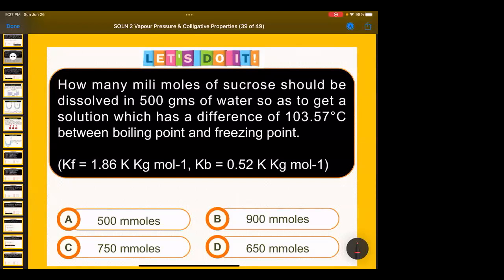Yeah, how much? Yeah, sir, Miraj: 750 millimoles. C, third option. 750 millimoles. Okay. And Hanifa and Samira, are you getting the answers?